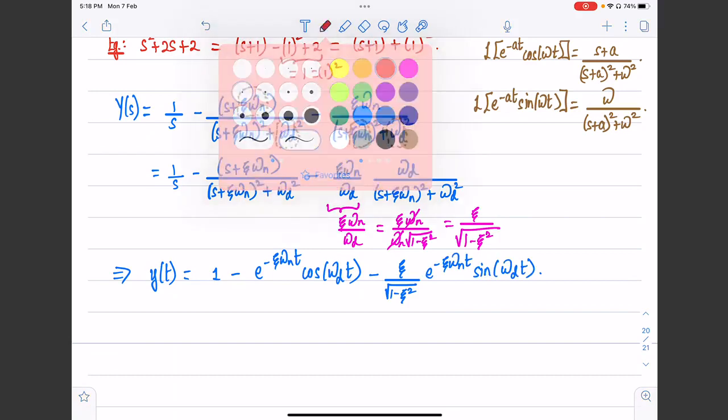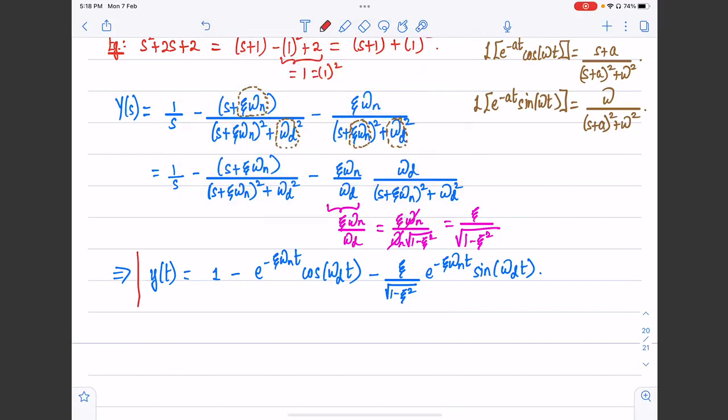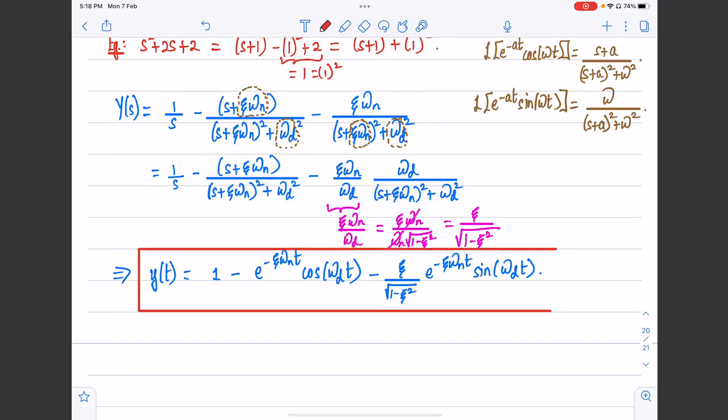So essentially this is the expression for the unit step response of an underdamped second order system: 1 minus e power minus zeta omega n t cos omega d t minus zeta divided by square root of 1 minus zeta square e power minus zeta omega n t sine omega d t. Any questions about this till now, before we go and interpret this expression?